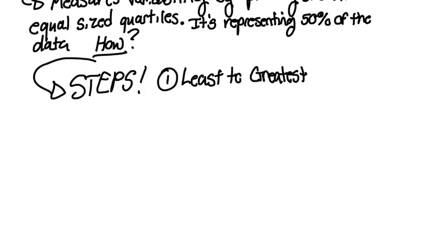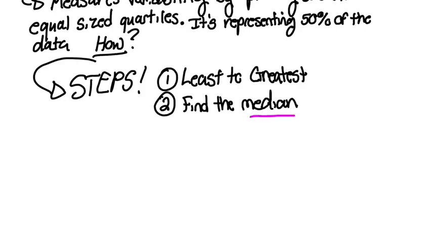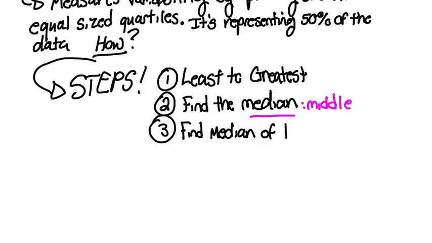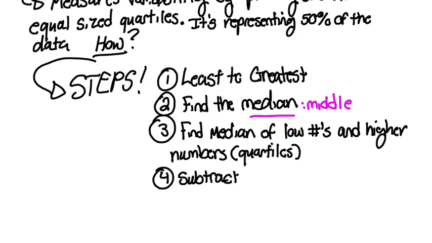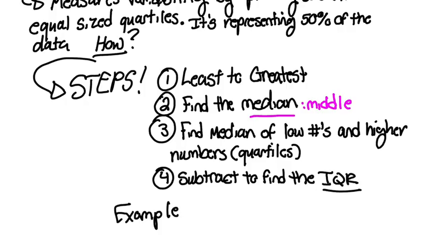Got to do that first off. The second thing is you need to find the median of the whole set. Remember, median's the middle number. Then you're going to find the median of the lower numbers before the median and the higher numbers after the median, also called quartiles, and you're going to subtract those to find the interquartile range.